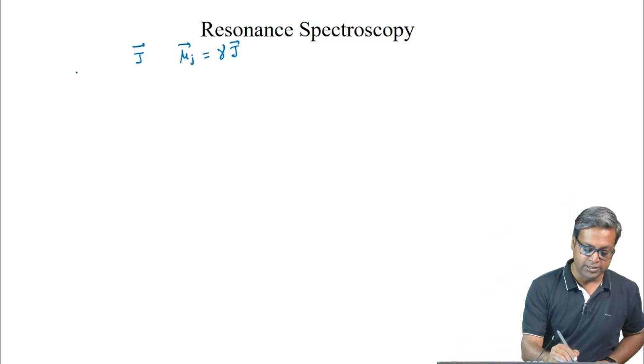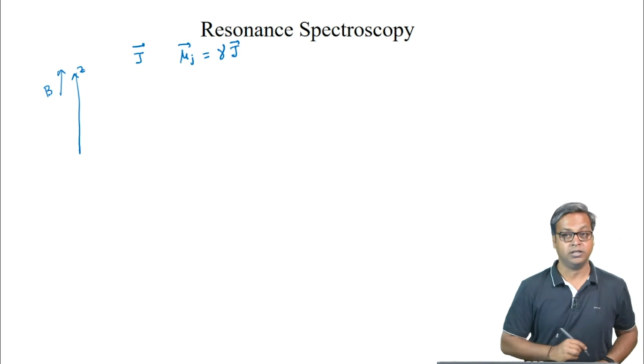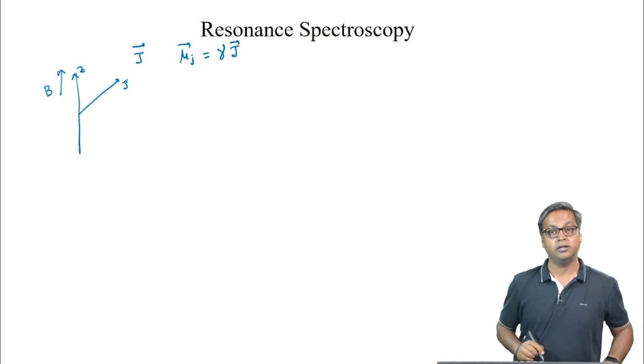let us say this is my z direction and the magnetic field is applied in the z direction and our J is in this direction.